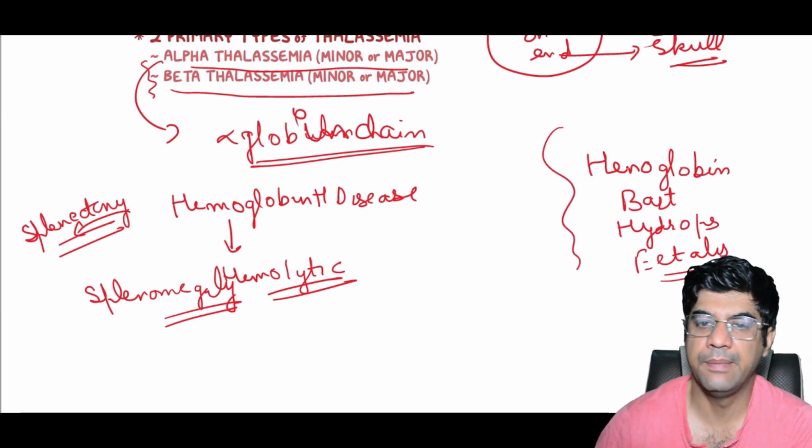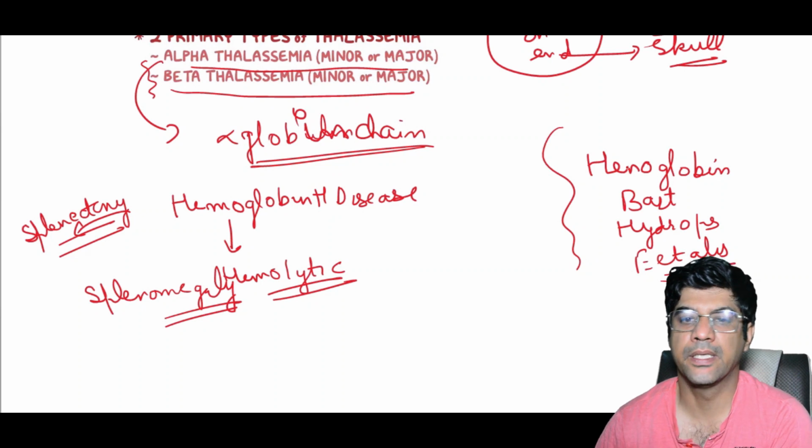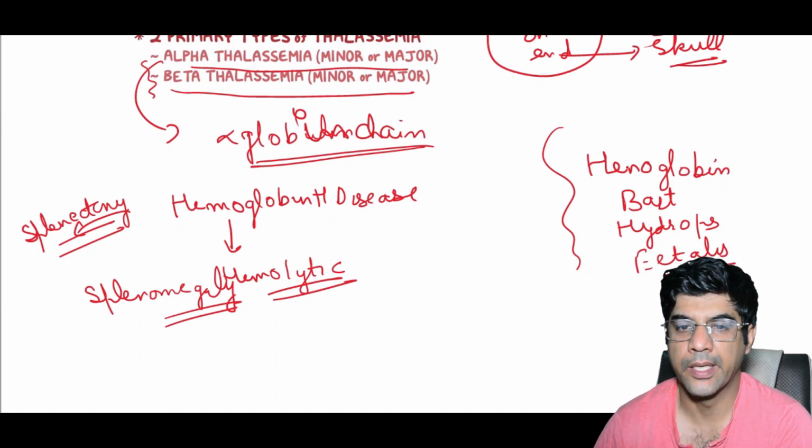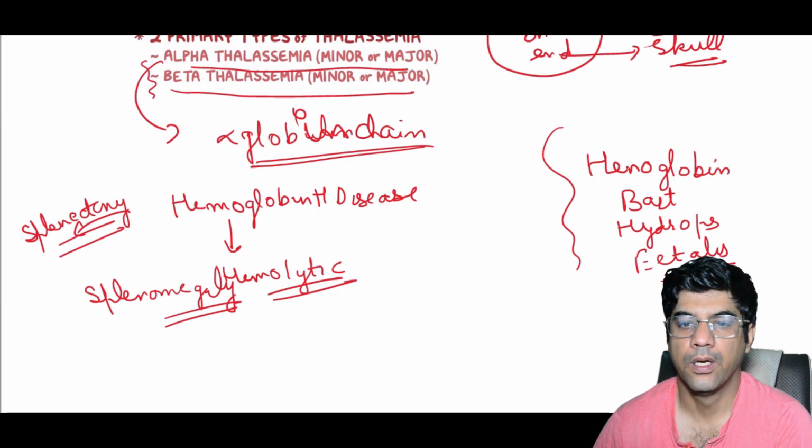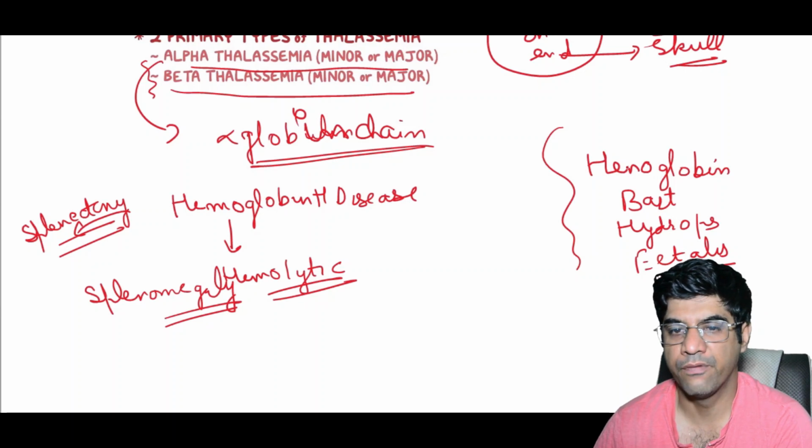So patients with thalassemia major require regular blood transfusion to maintain an adequate hemoglobin level. Due to the excess risk of iron overload from the repeated transfusions, we can use iron chelators.